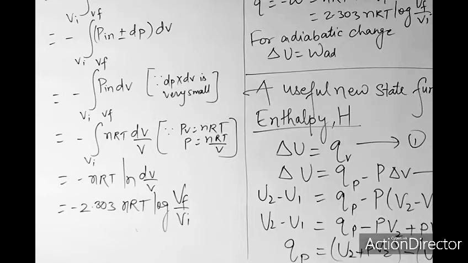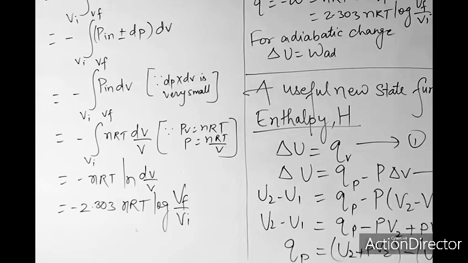Now for isothermal and free expansion of ideal gases, as we have seen, delta U is equal to Q plus W. For isothermal irreversible changes, Q is equal to minus W, which is equal to P external times Vf minus Vi.